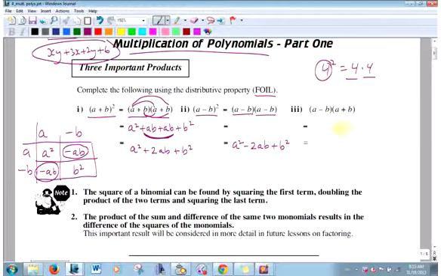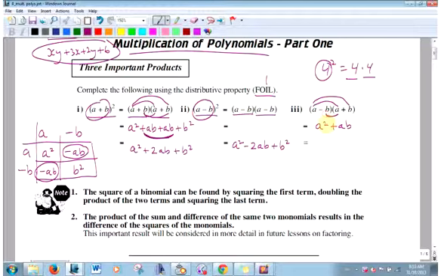Okay? This is kind of similar, but we're going to take one of those and multiply them. Let's see what happens in this case. FOIL. A times a, a squared. Outside. A times positive b is plus ab. I is inside.